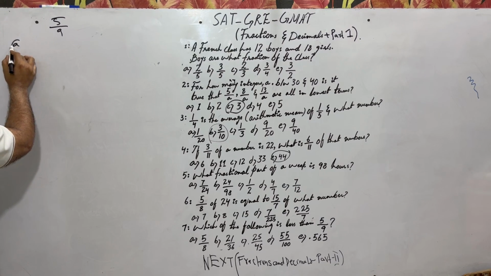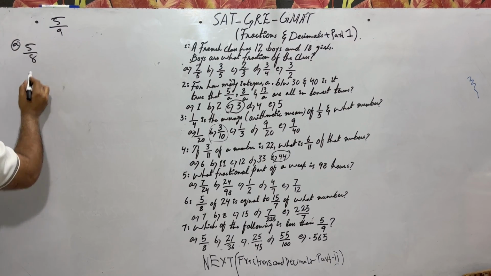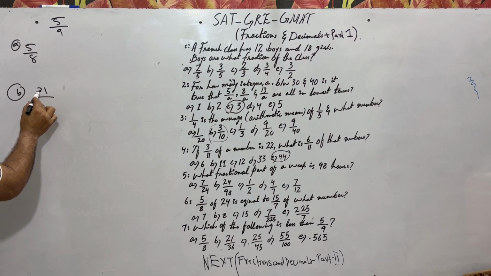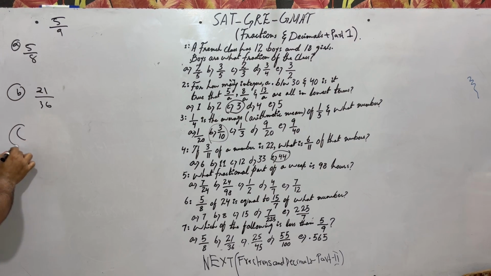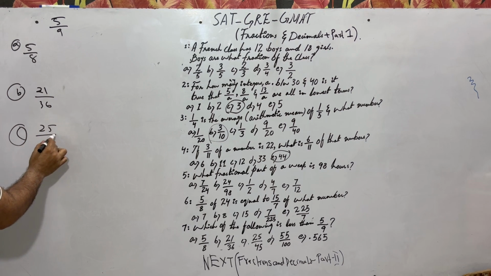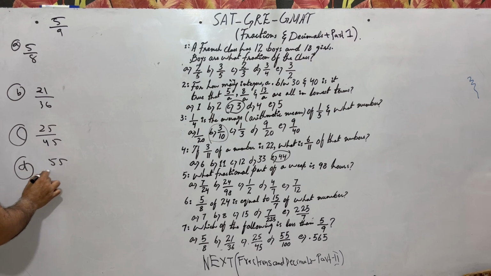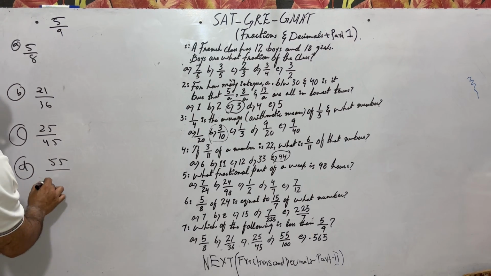Option A is 5 over 8. B is 21 over 36. C is 25 over 45. D is 55 over 100.